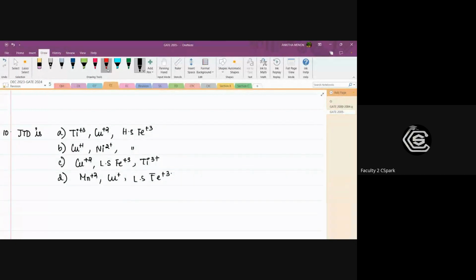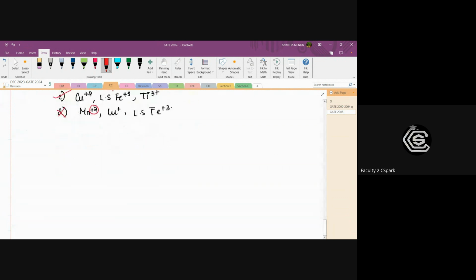High spin Fe3+ is going to be t2g3 eg2, where all orbitals are equally occupied. So it's not option A, and not B either. In D you have manganese +2, which again has the same electronic configuration. So the correct answer is option C.